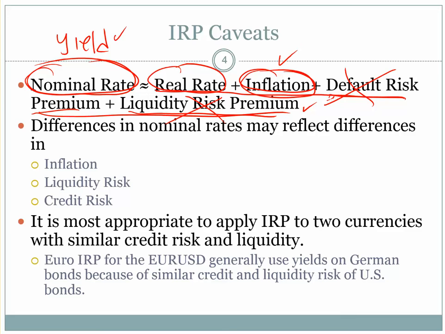All right, so I call this a caveat in that I don't want to use interest rate parity to forecast exchange rate between two countries in which one country has, say, a very large default risk embedded in their bonds. For that reason, when we forecast, say, the exchange rate between the US dollar and the euro, we generally use German bonds and not, say, Italian or Greek bonds, which may have a default risk premium or a liquidity premium built in.